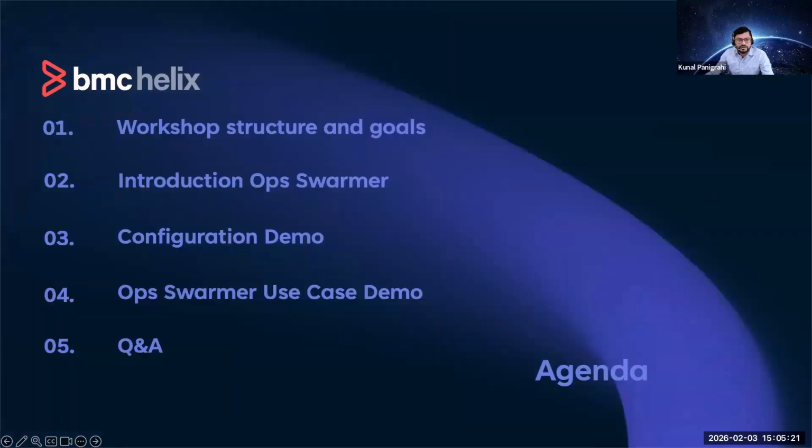We'll start by walking through the overall workshop structure so you know exactly what to expect from today's session. First, we will review the technical prerequisites to make sure your environment is fully compliant and ready for configuration. From there, I'll give you a high-level overview of Ops Swarmer, and then we will move on to the hands-on configuration, where I'll walk through the setup steps, and finally a live use case demo.